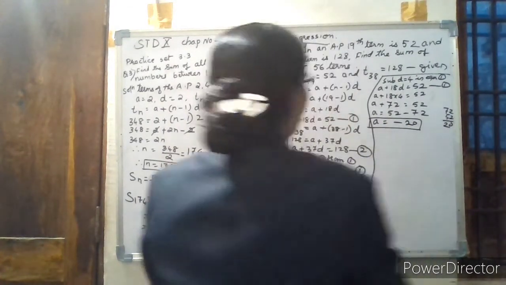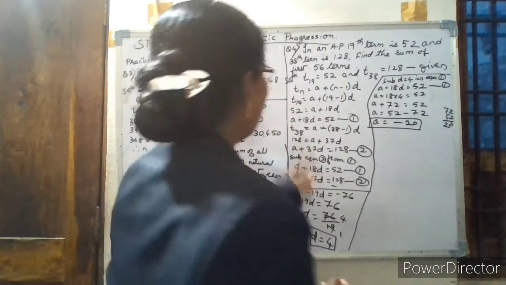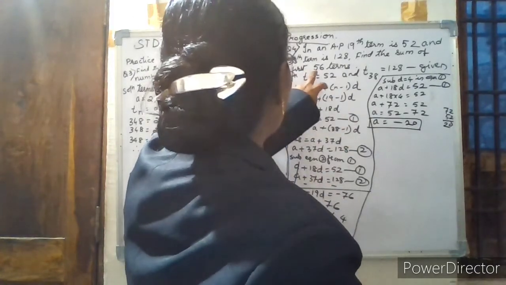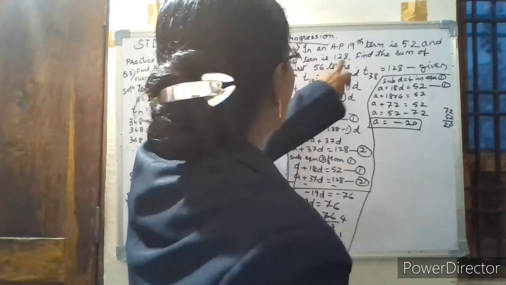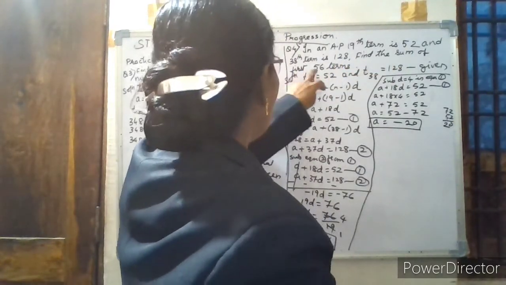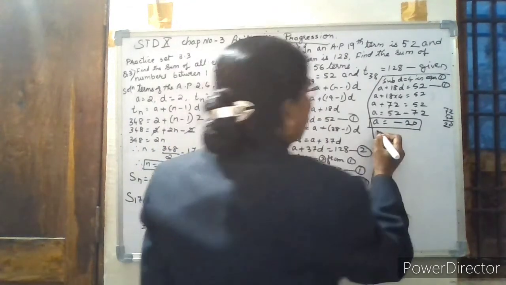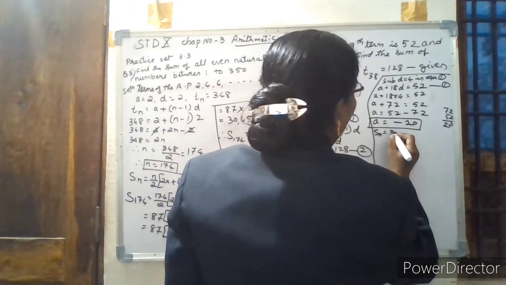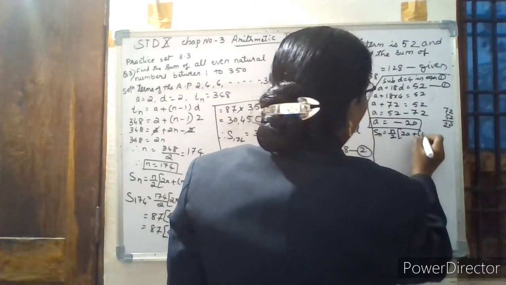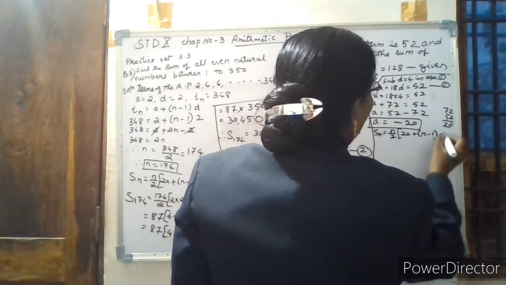Now we have got a value minus 20 and d value equal to 4. So here we have to find out the sum of first 56 terms. The sum of n terms formula is n by 2 into 2a plus n minus 1 into d.